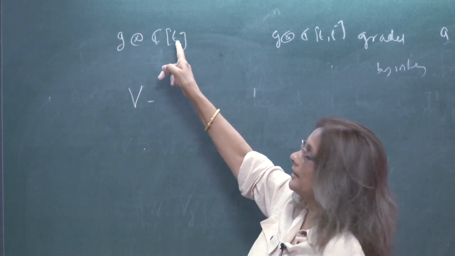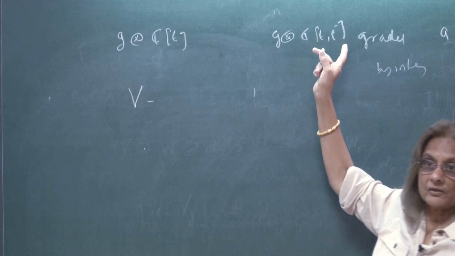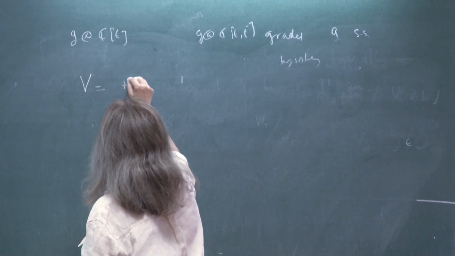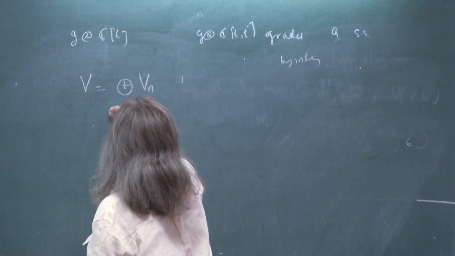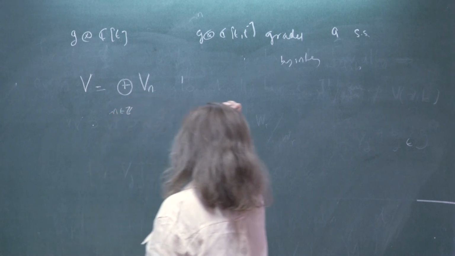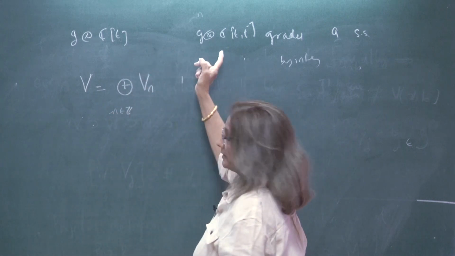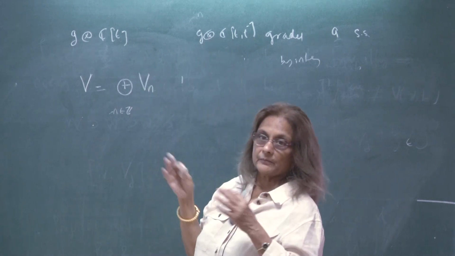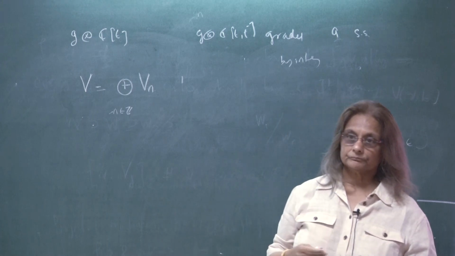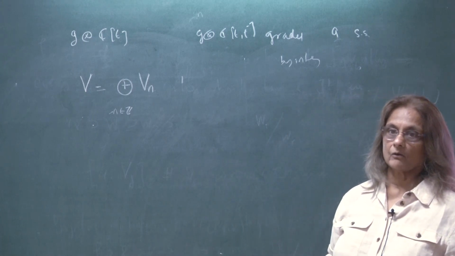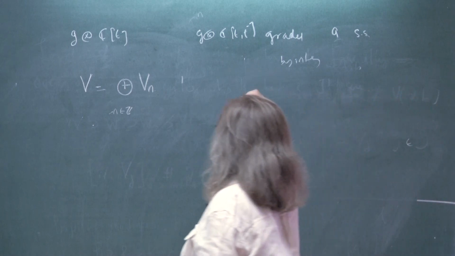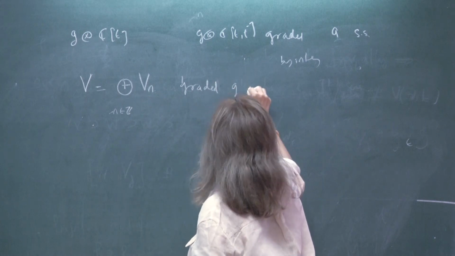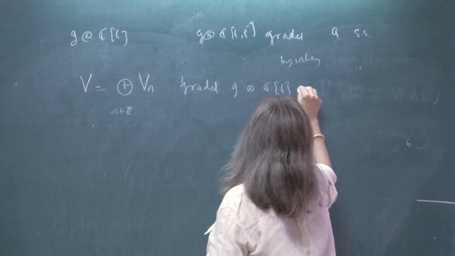But this is only graded by non-negative integers, and this is graded by all integers. Now when I'm looking at representations, I'm taking n in Z, okay? So I can look at graded representations of this or this, but it's much easier to work with this, because the negative parts make all my spaces infinite dimensional. I can't control the grades so well when I'm working with that. So instead, one can just work with graded G tensor C[t] representations.